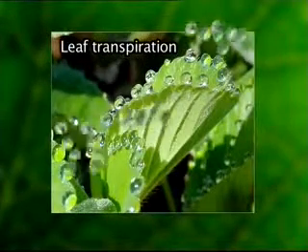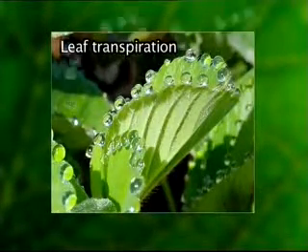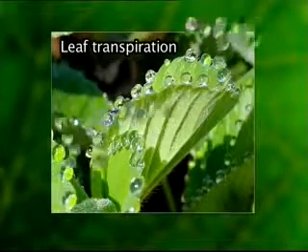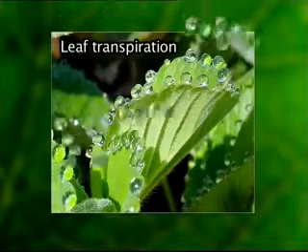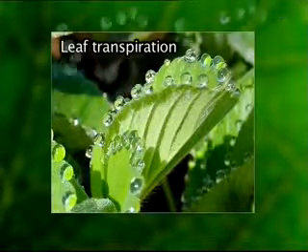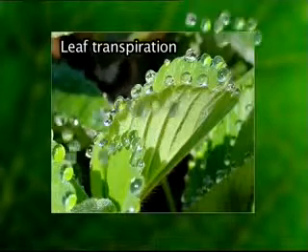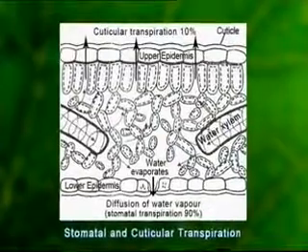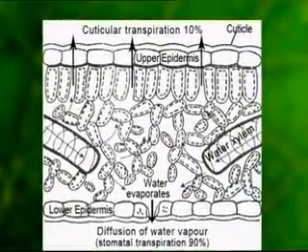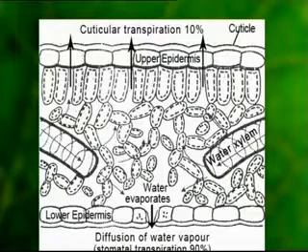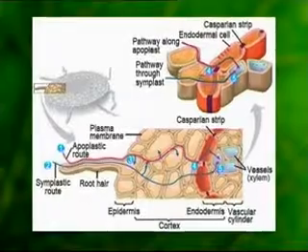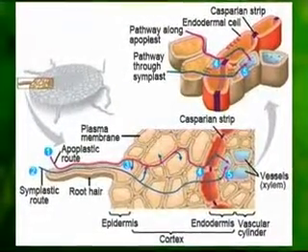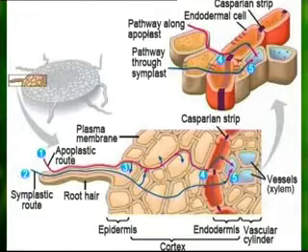Leaf transpiration occurs through stomata and can be thought of as a necessary cost associated with the opening of the stomata to allow the diffusion of carbon dioxide gas from the air for photosynthesis. Transpiration also cools plants and enables mass flow of mineral nutrients and water from roots to shoots.